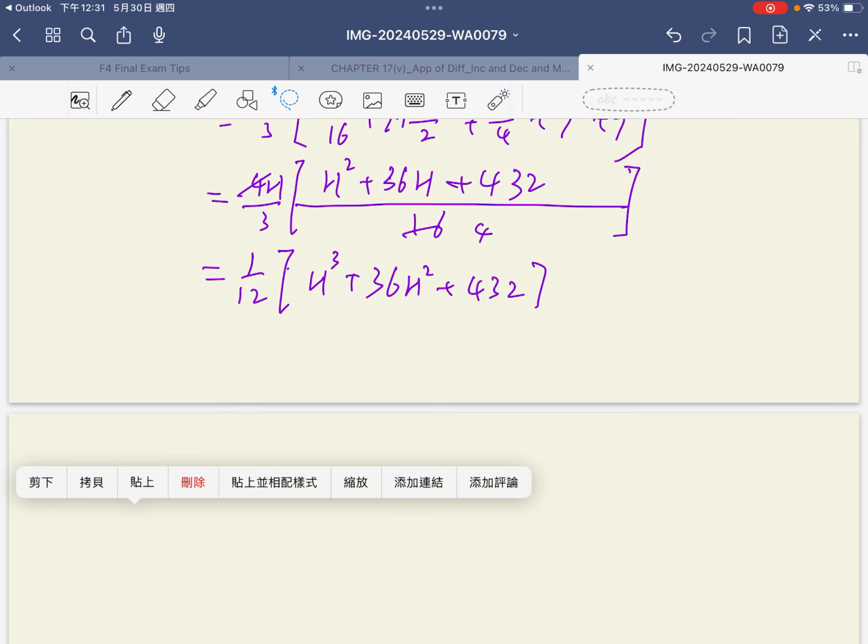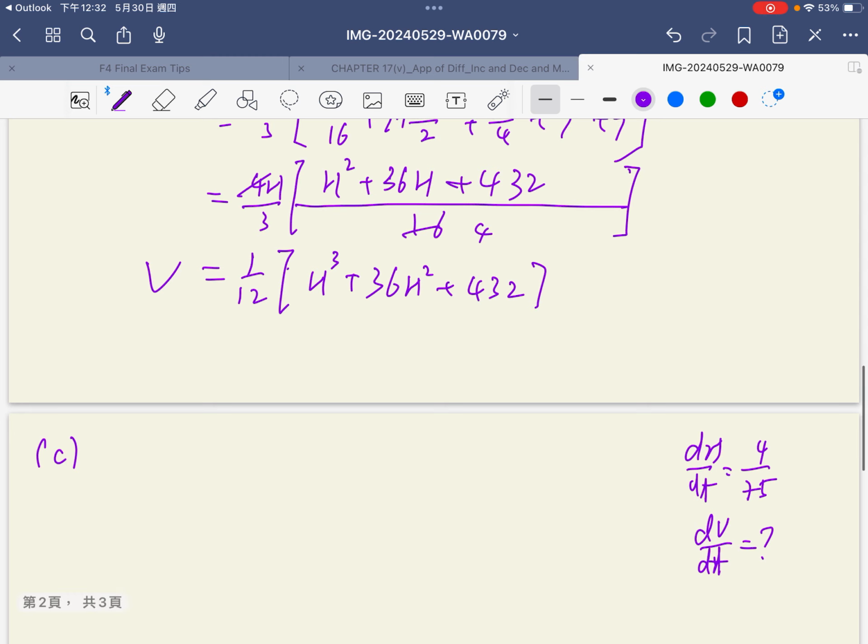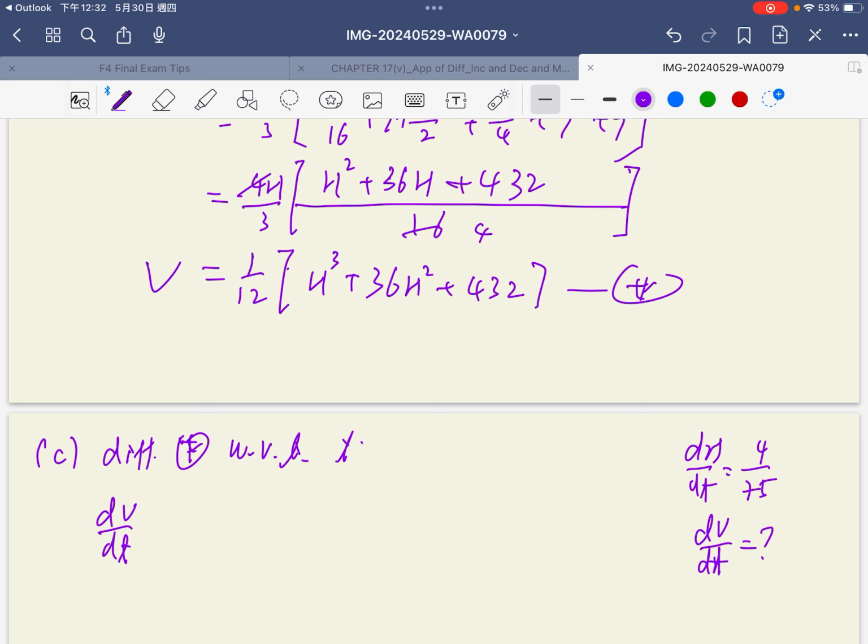This is our V. Therefore, for part C, we differentiate this formula with respect to t. The left hand side is dV over dt.